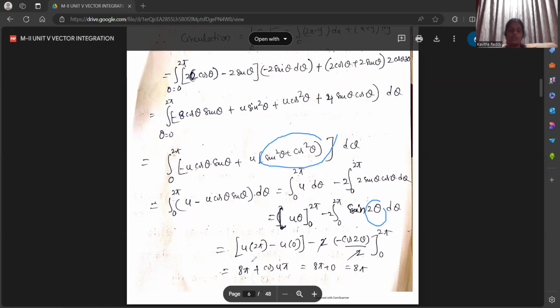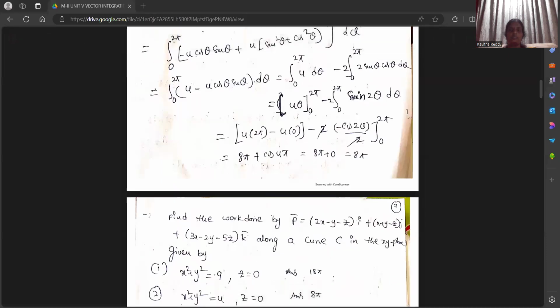Apply the limits: 4 times 2 pi is 8 pi, minus 0, and the cos 4 pi terms cancel out with cos 0. So the answer equals 8 pi.